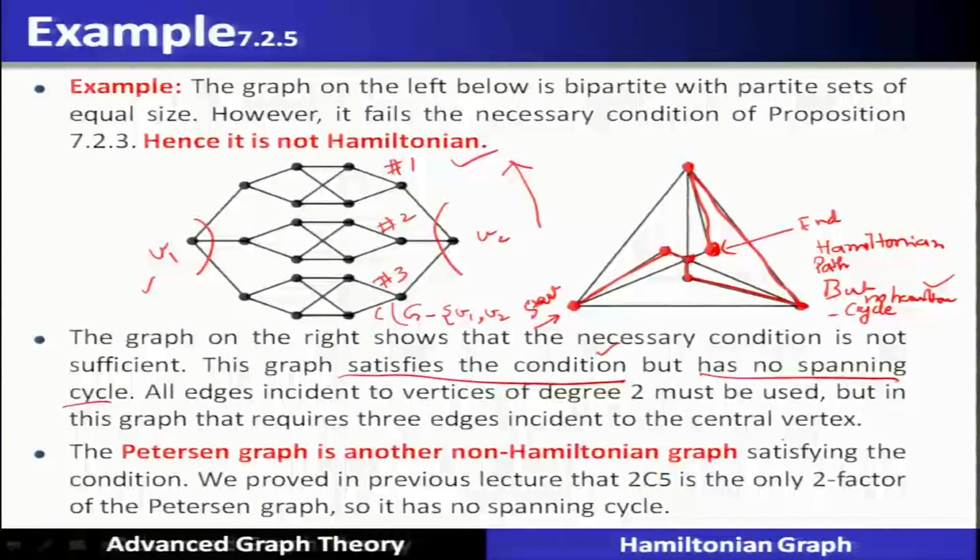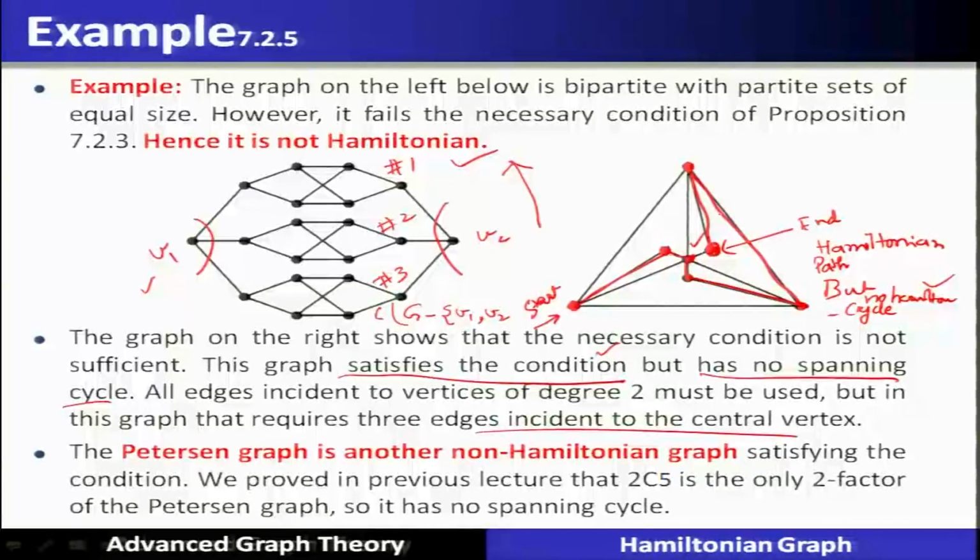All the edges incident to the vertices of degree 2 must be used, but in this graph that requires 3 edges incident to the central vertex, and hence this necessary condition is not sufficient. So a sufficient condition is also required for a graph to be Hamiltonian, which we have already discussed.